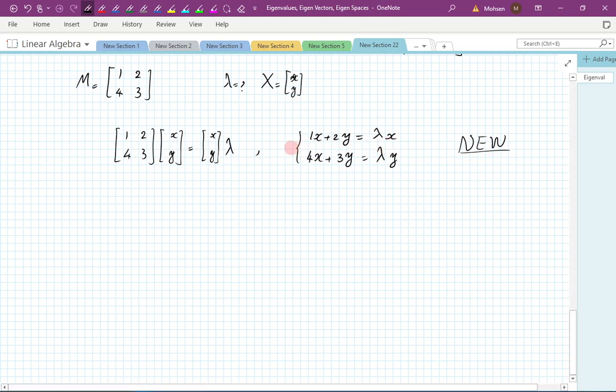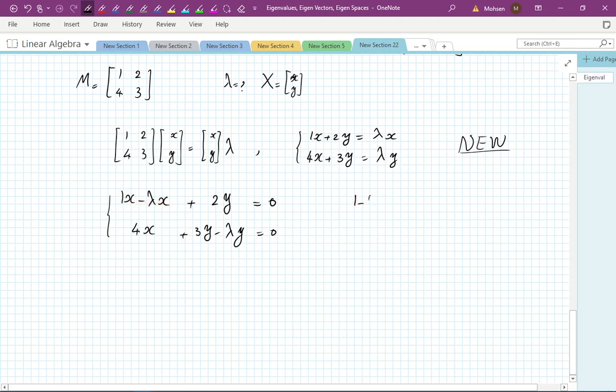What do we do? Bring everybody to the left and put similar things next to each other. So I write like this: 2y is equal to 0. And this one, 4x and then 3y minus lambda y equal to 0. Okay, so I intentionally wrote it this way. x is common.